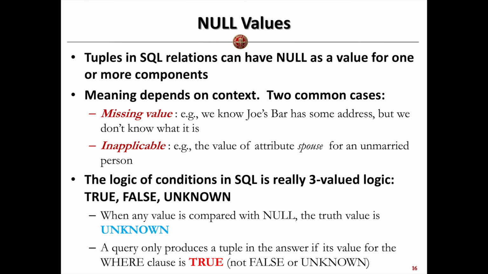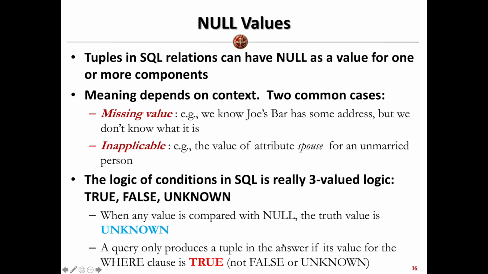Normally a query will produce a tuple in the answer only if its value for the condition in the where clause is true. When we do a select-from-where query and we plan to find matching cases for our condition, only if the condition is true will the tuple be valid. Otherwise, they will be pruned.